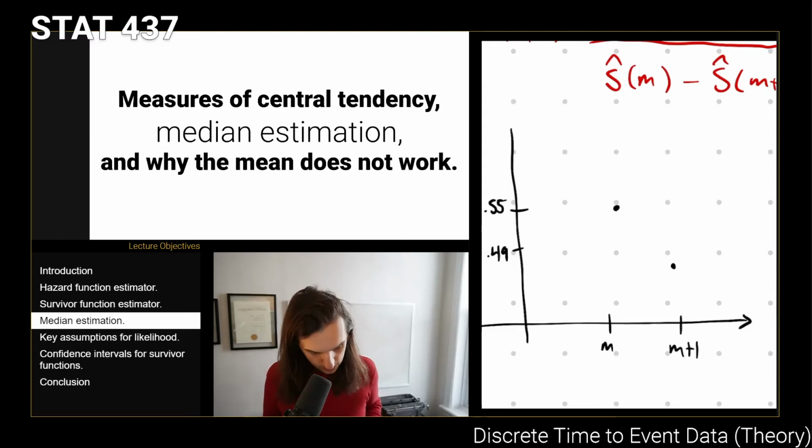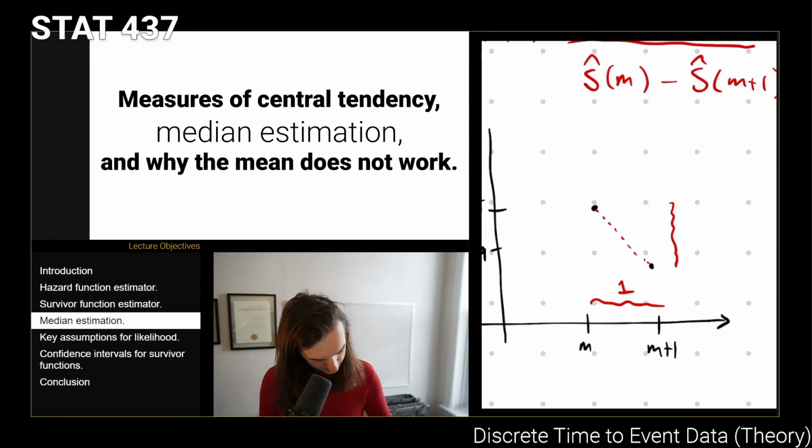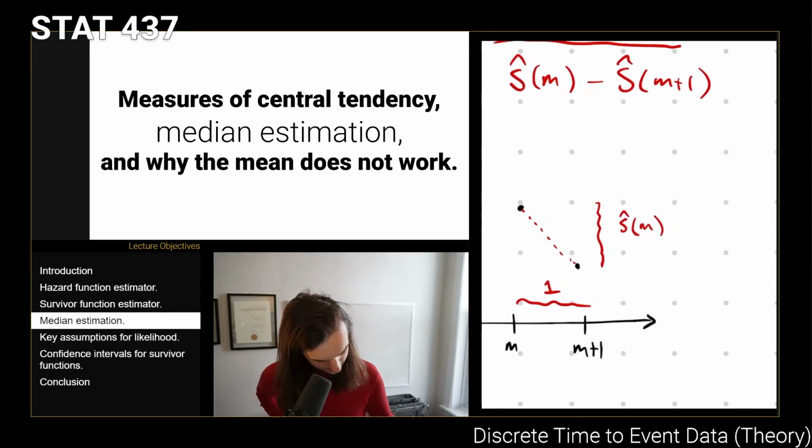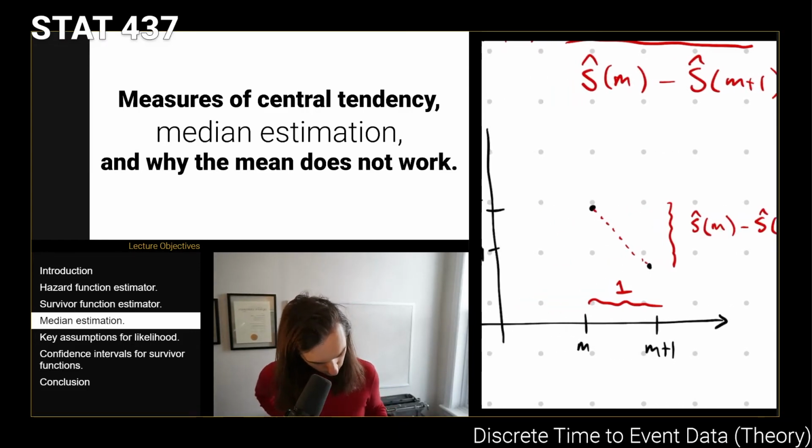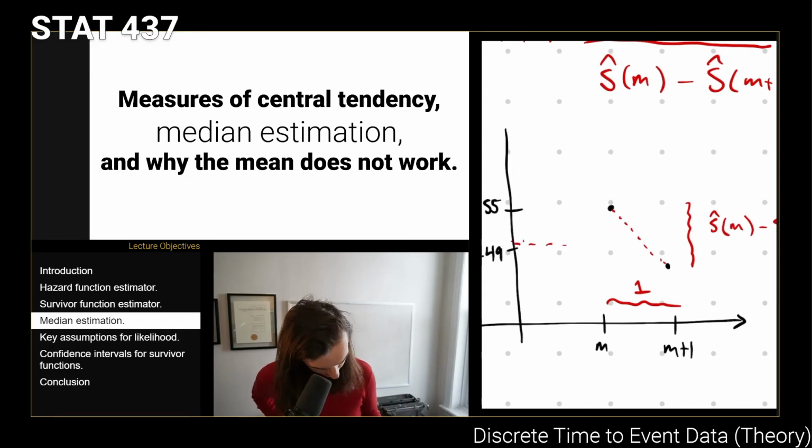But looking at this, we know it should be a lot closer to m plus 1 than to m. So if we take these two points and connect them with a straight line, we know that the run of this is of size 1, and the rise is going to be S of m minus S of m plus 1. And we want to know where along this straight line is 0.5.